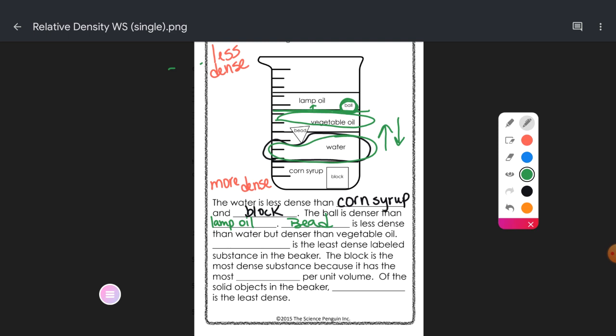Blank is the least dense labeled substance in the beaker, Brady. Lamp oil. Yes, because the lamp oil is at the very top. The block is the most dense substance because it has the most, and this one was a little bit tricky. Abby? Mass. Mass, yes, because what does mass do?